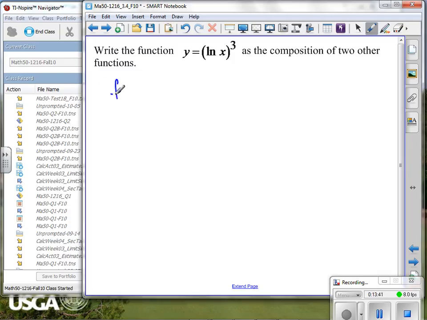And I'm going to write an f of x. I want f of x to be the outside function. And then g of x, we're going to make g of x the inside function. I'm going to stop.